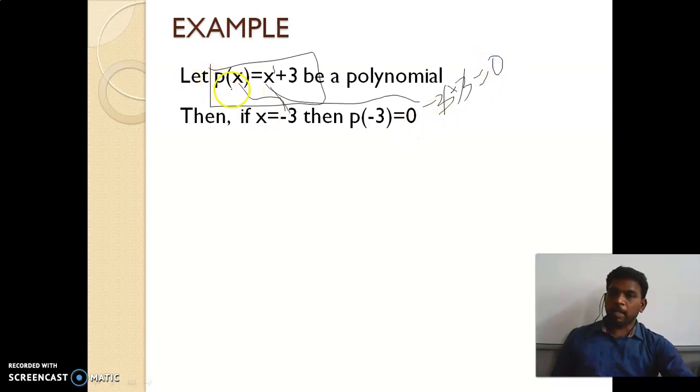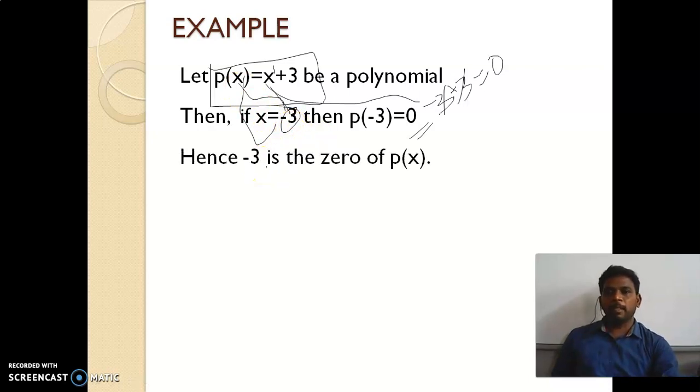So if you replace x with a number and the value becomes 0, then that particular number is known as the zero of the polynomial. So here minus 3 is the zero of the polynomial p of x. I think everyone understood what the zero of a polynomial is.